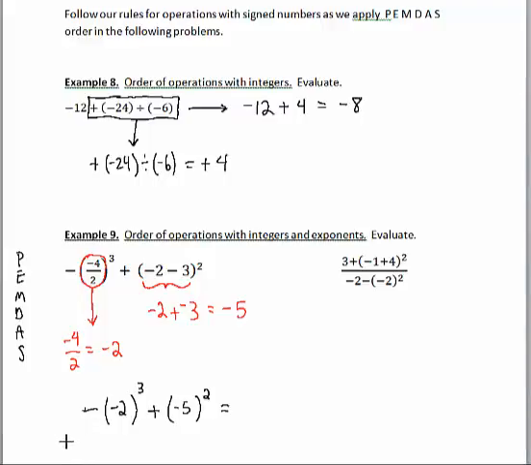So if you want to write this out without the exponent, then you would need to write 3 negative 2's multiplied together like this. And then likewise you could expand this exponent as a negative 5 times a negative 5, 2 negative 5's multiplied.